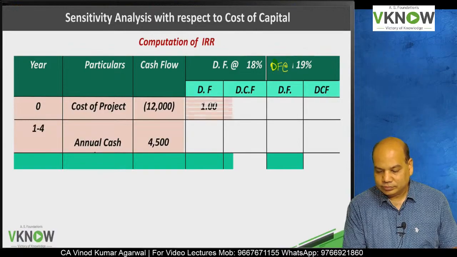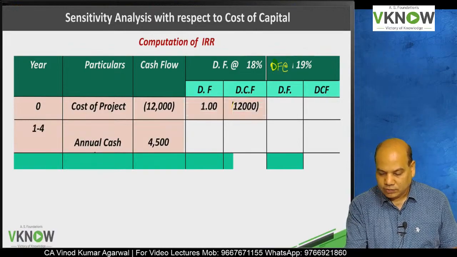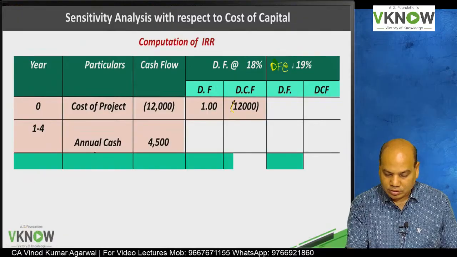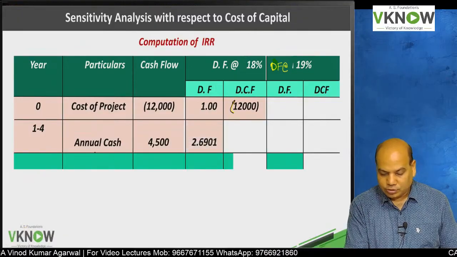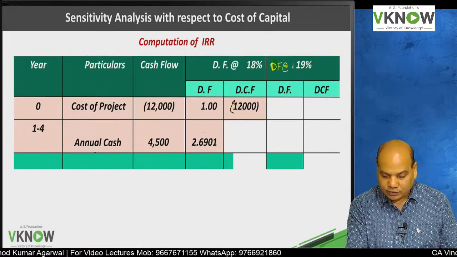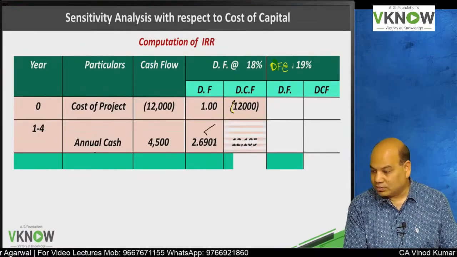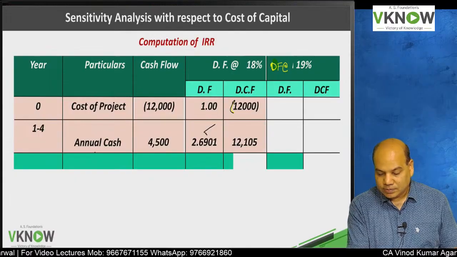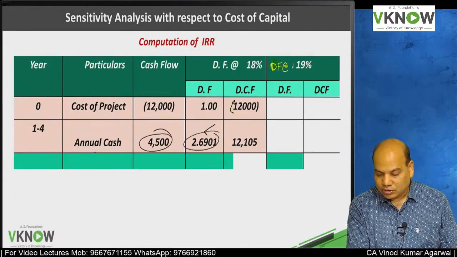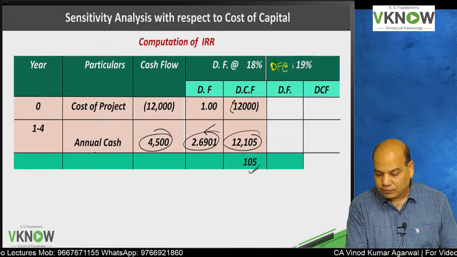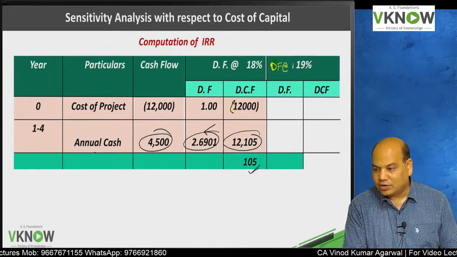Okay, ready? Year 1 write down, 12,000, years 1-4, you can take the factor from that annuity table, 2.6901, multiply please, it is 12,105. NPV is 105, positive NPV means increase the rate.